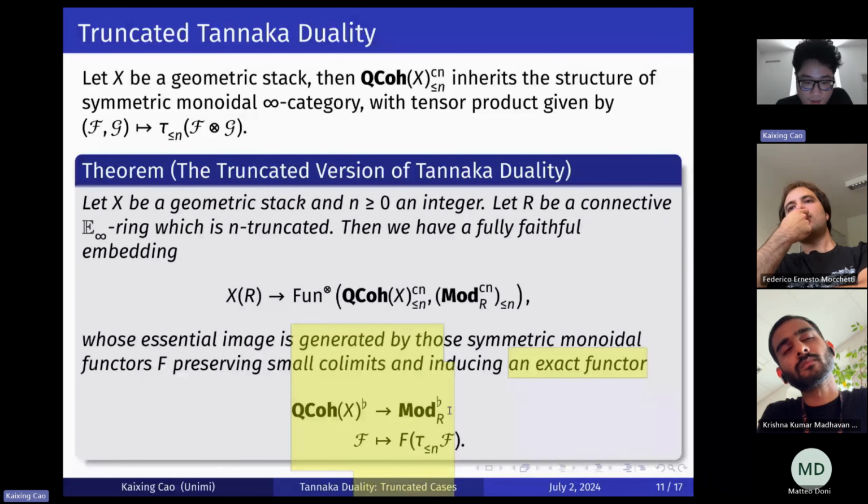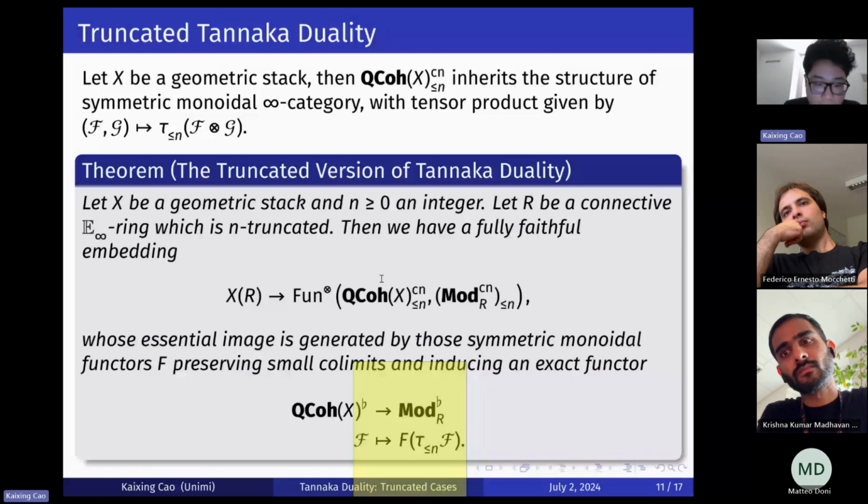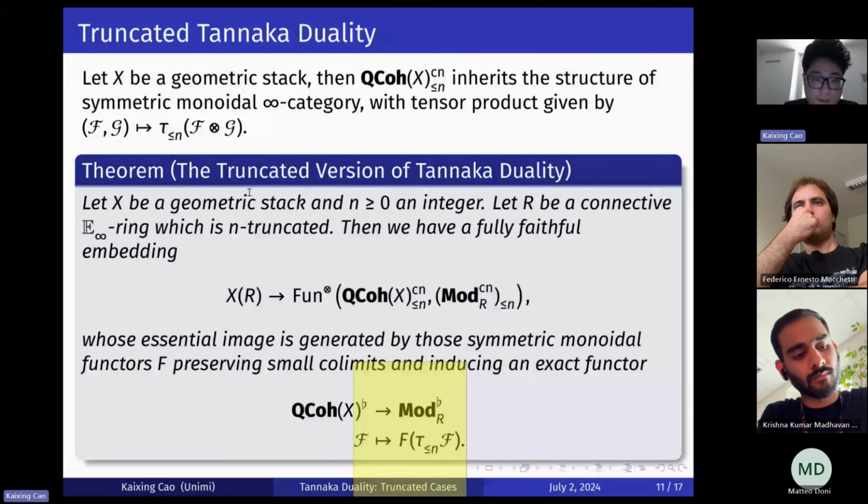Preserving flat objects just tells us we have well-defined functors. But if it comes from the R points of X, it should have some good properties. The Tannaka duality I talked about today also keeps track of what happens on the flat objects.